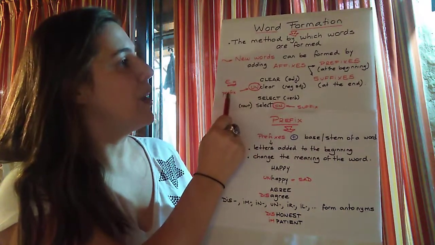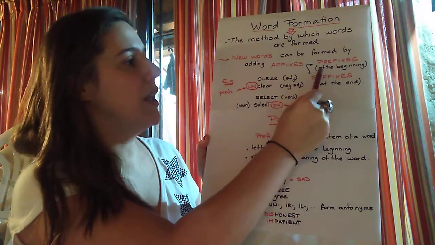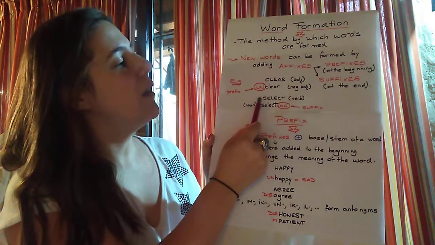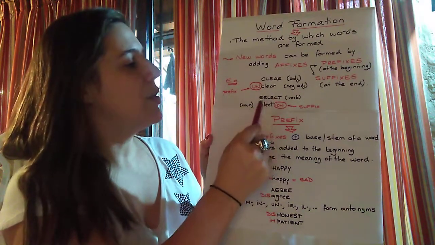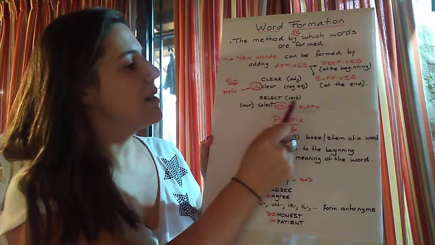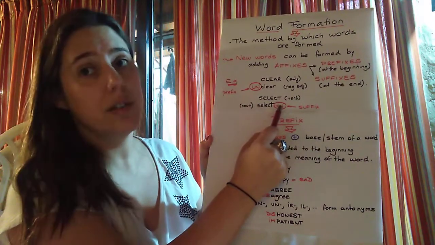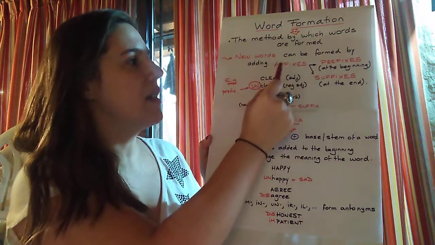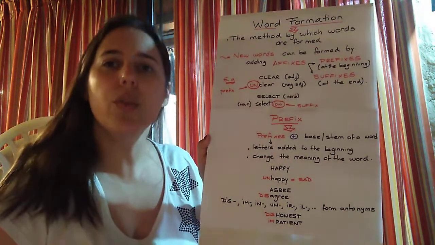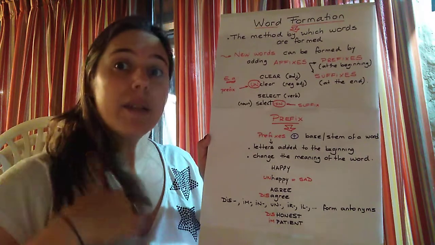It is a prefix because it goes at the beginning. If I have the verb select and I need a noun, I'm going to add the suffix -ion, selection, yes, at the end of the word. So, affixes are used to form a new word with a new meaning.